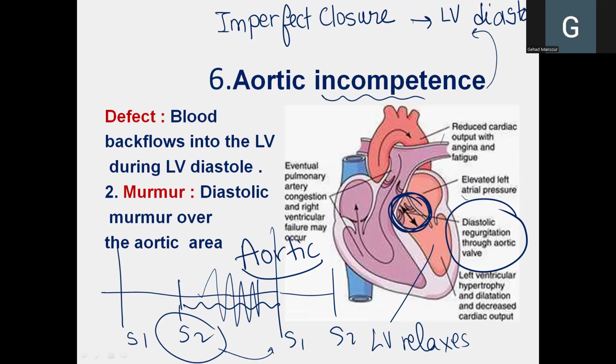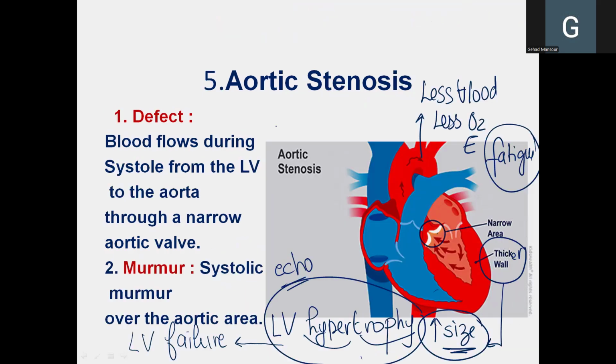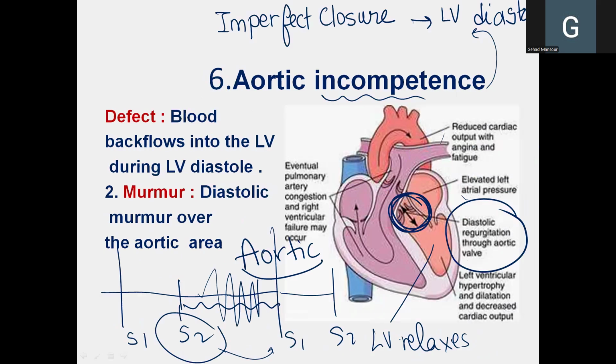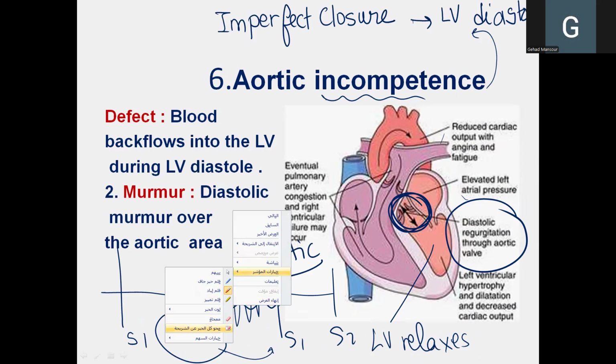So how can we differentiate between the two? The murmur of aortic stenosis is best heard during systole between S1 and S2, whereas the murmur of aortic incompetence is heard between S2 and S1. So here the differentiation is chronological, according to the time.